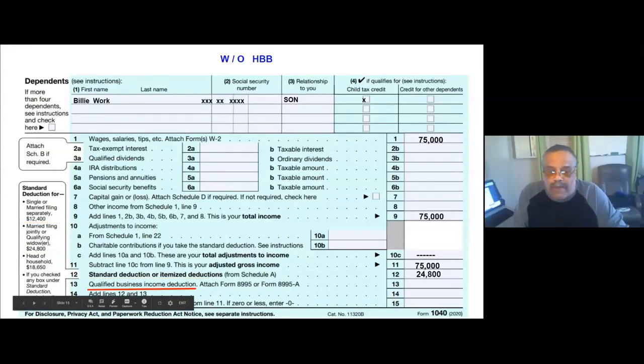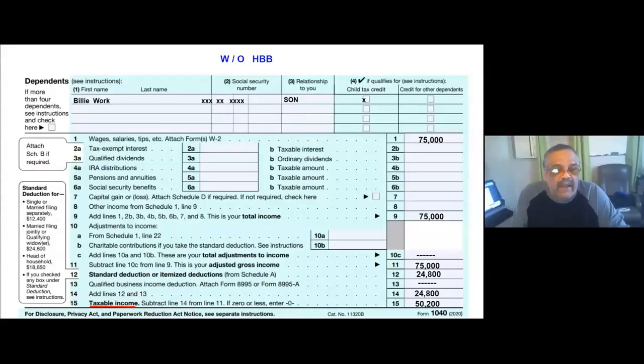There are no qualified business deductions. Next line says add lines 12 and 13. So your income was just reduced by $24,800 just from the standard deduction. So now your taxable income, line 15, is $50,200.